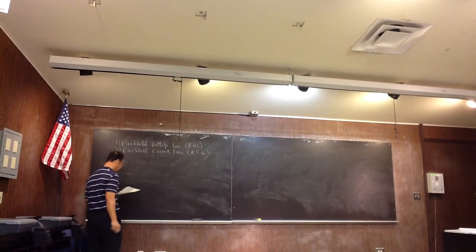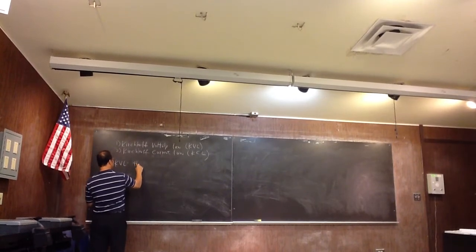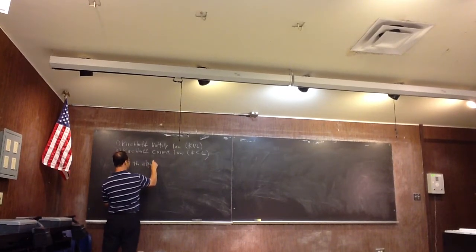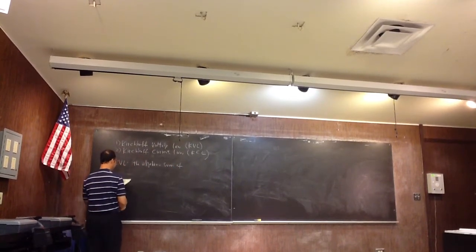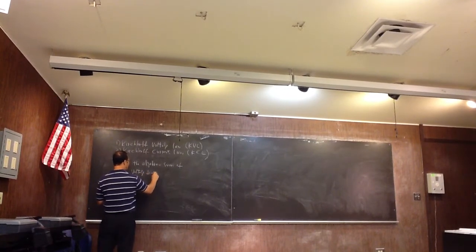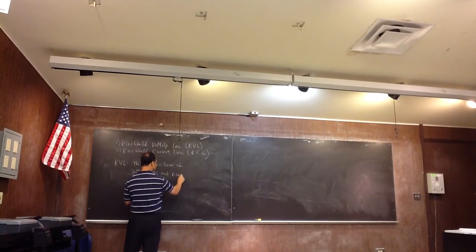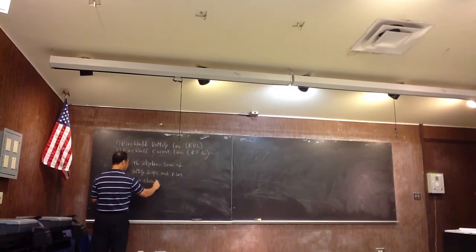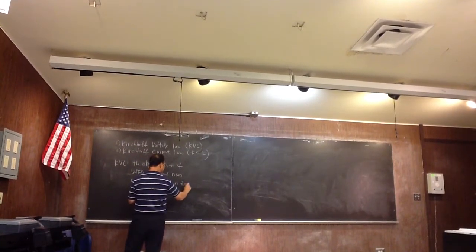KVL states that the algebraic sum of voltage drops and rises in a closed loop is 0.